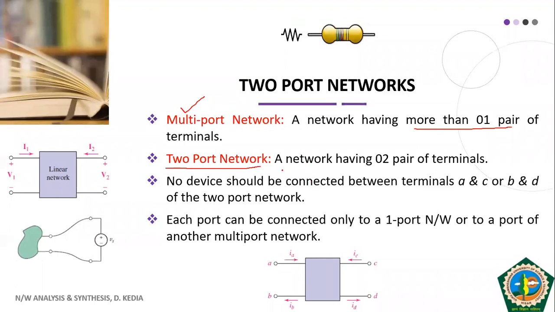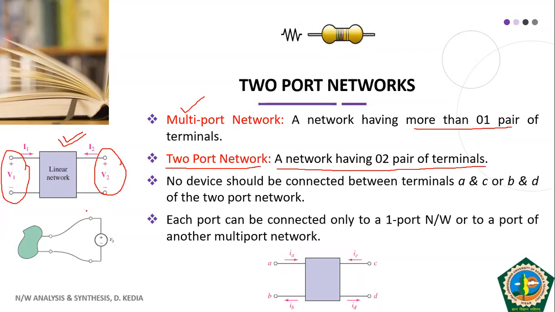network. So a two port network is a network having two pairs of terminals, and this is how we represent a two port network. So here we have two pairs of terminals. In a way you can say that one pair of terminals is present at the input and another pair is present at the output.